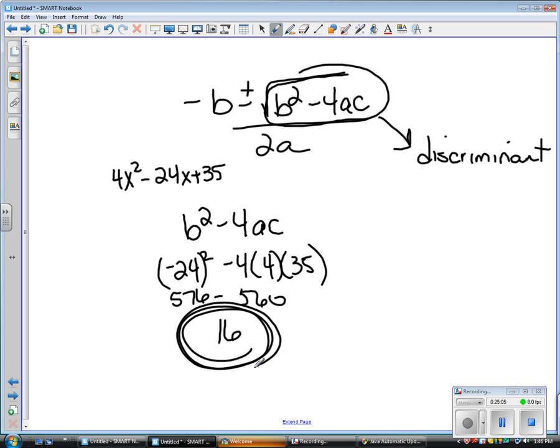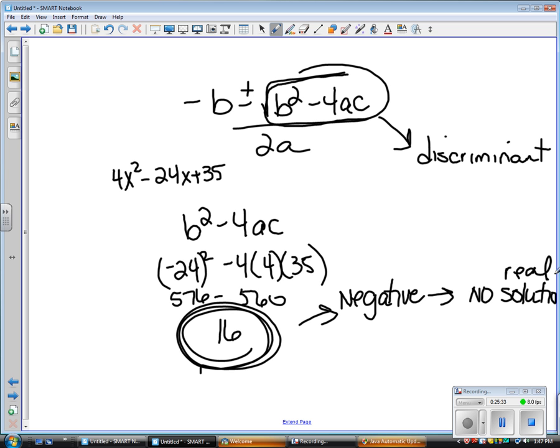Now, here's the thing, this right here. If this is a negative number, can you ever have a negative under the square root? Can any number times itself ever give you negative? No. So if you have a negative discriminant, you have no real solution. Real means real numbers, numbers that you're dealing with right now.